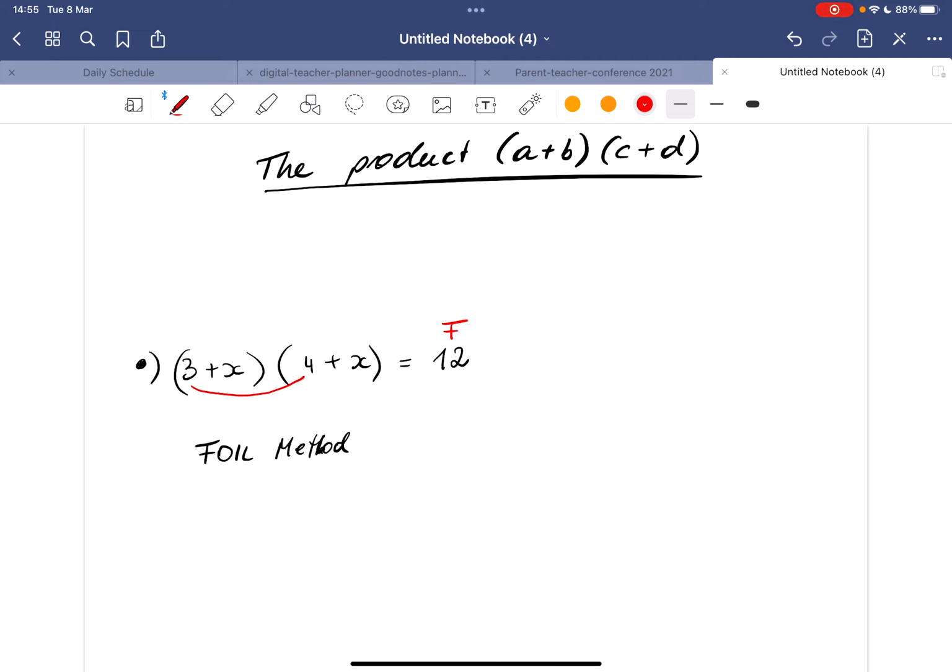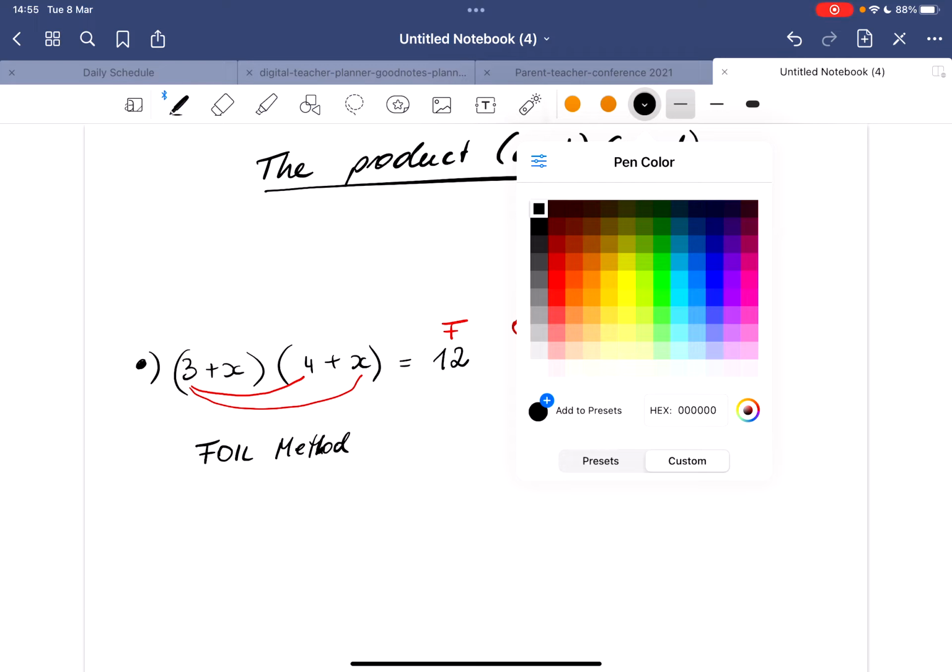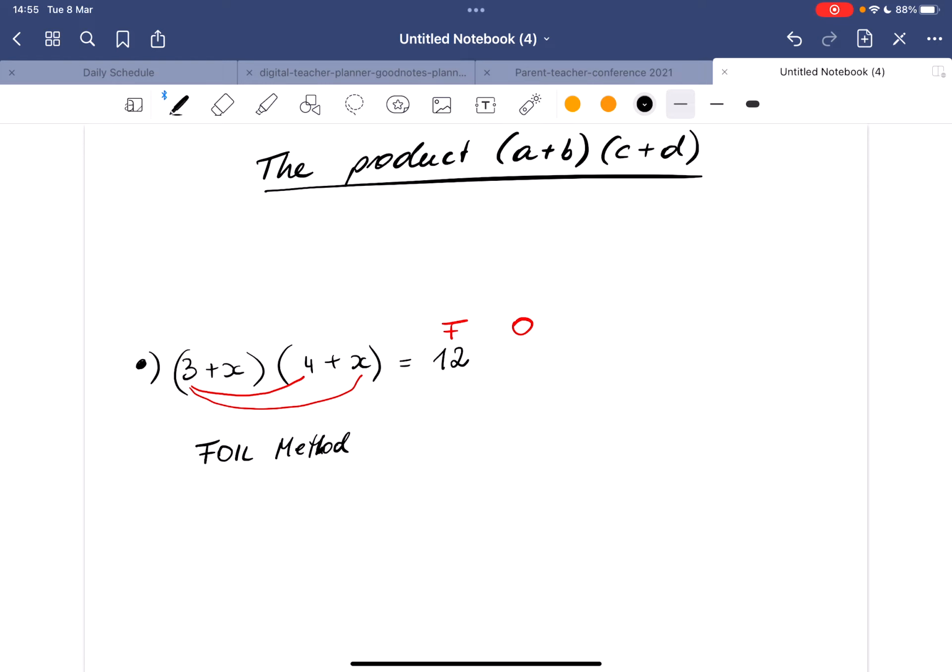For the O, I am going to multiply the two outside terms. The outside terms would be 3 and x. So if I multiply those two outside terms, I get 3 times x, giving me 3x. And the operation is plus here, this is positive, so that's going to be a plus.